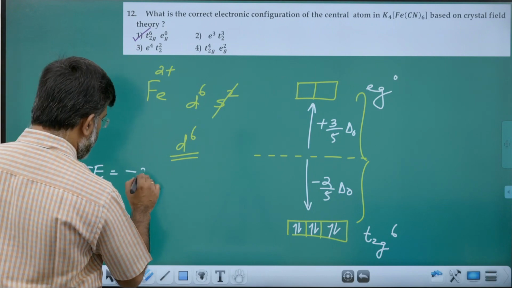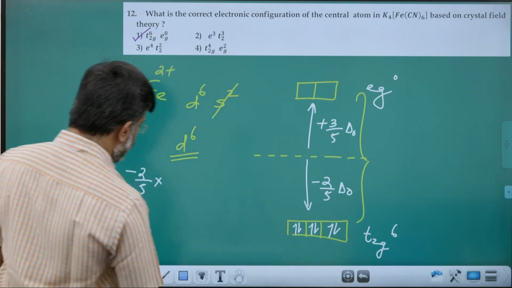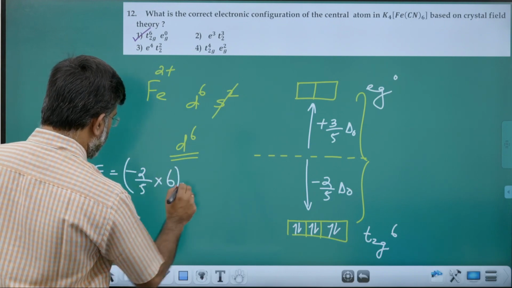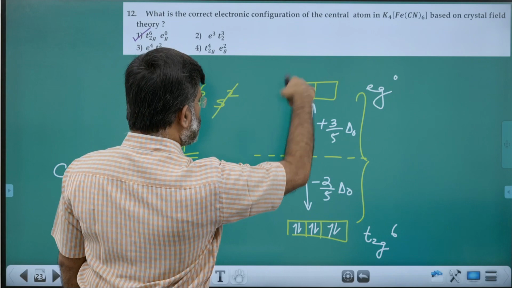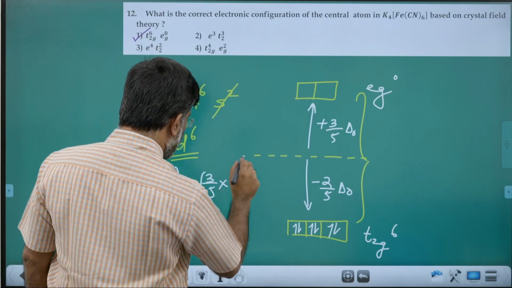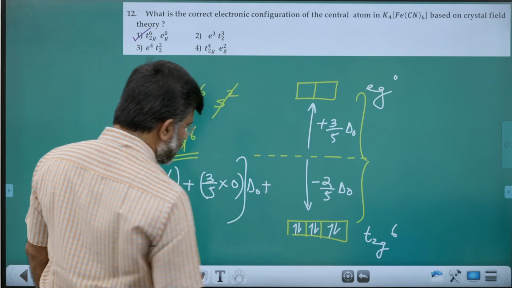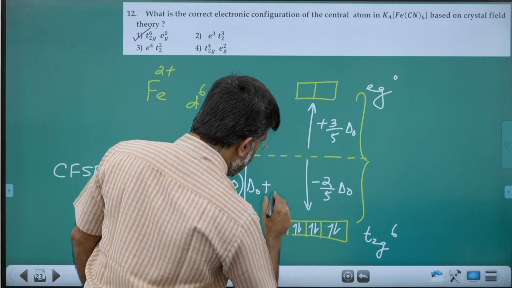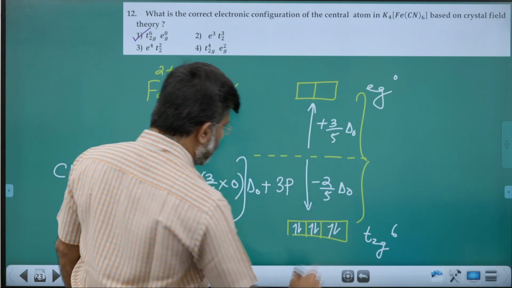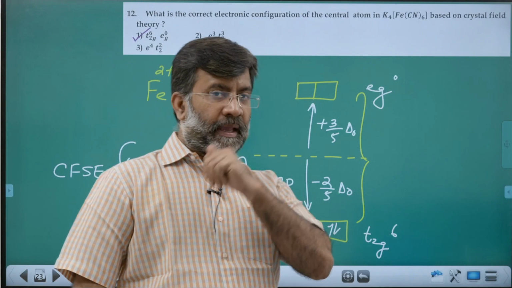It is minus 2 by 5 into the number of electrons here, which is 6, plus 3 by 5 into the number of electrons here, which is 0, of overall delta O, plus the forced pairing happening. There are 3 forced paired electrons, so it is 3P. P means pairing energy.